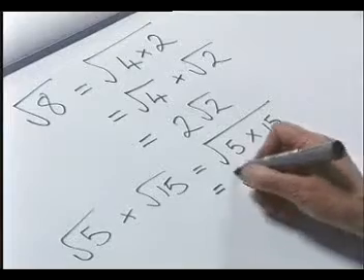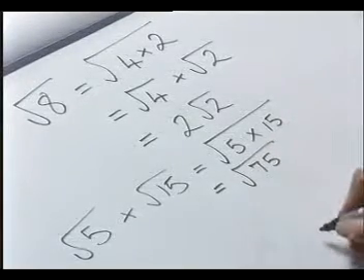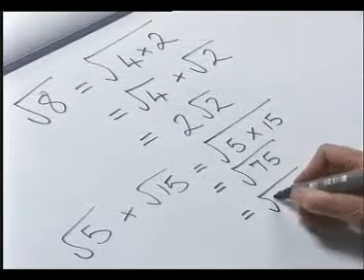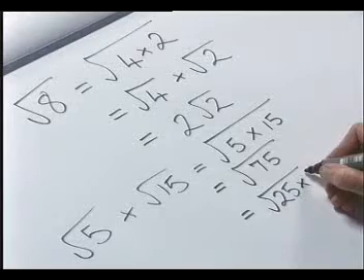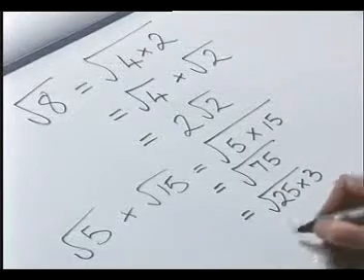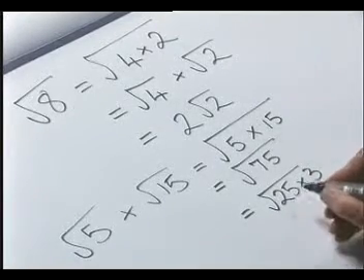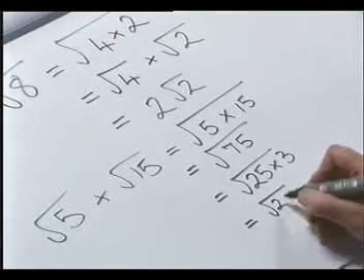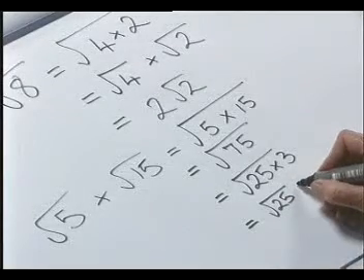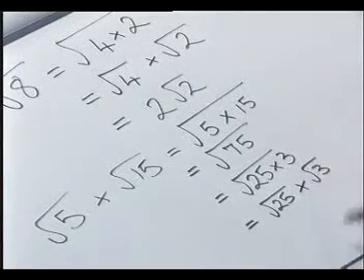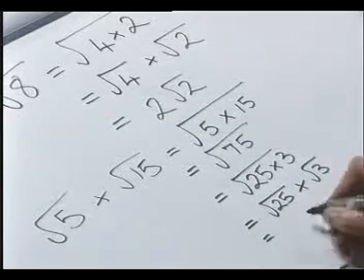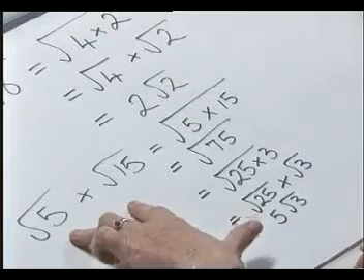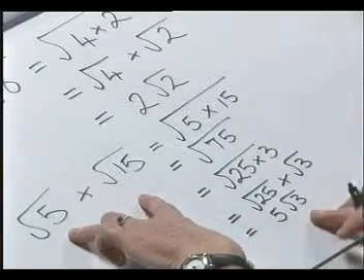And that is the square root of 75. But 75 can be rewritten as 25 times by 3. Note 25 is a square number. And we can then separate that out to say that is the square root of 25 times by the square root of 3. Square root of 25 is 5 times by root 3. So the square root of 5 times the square root of 15 is 5 root 3.